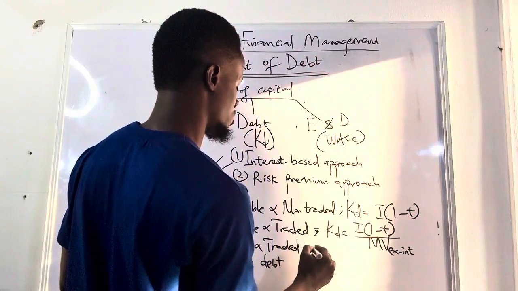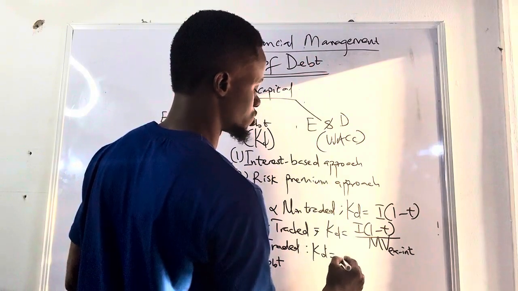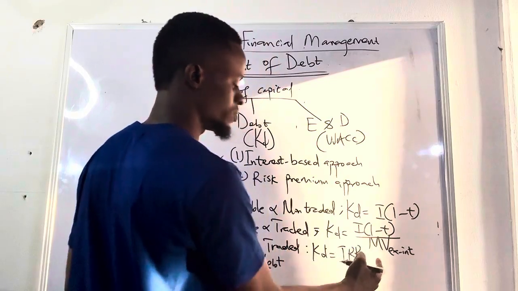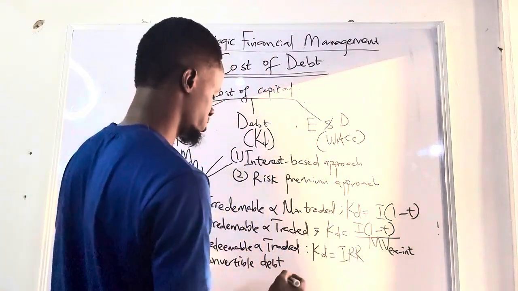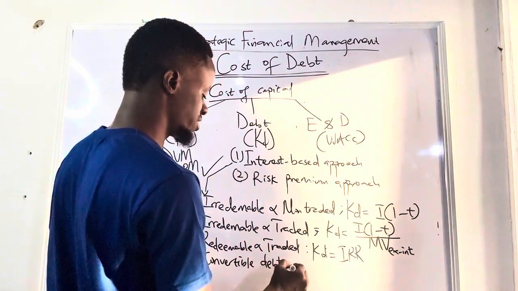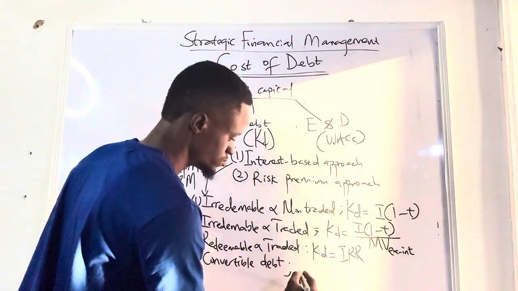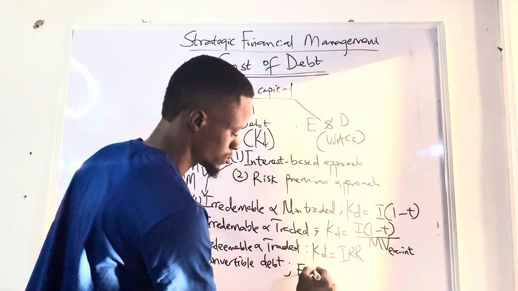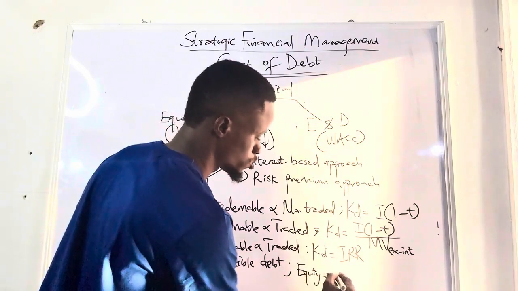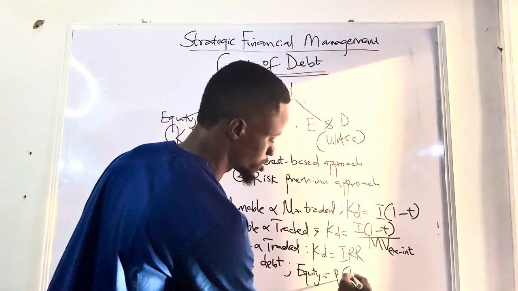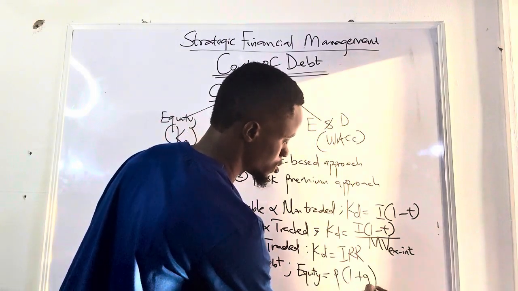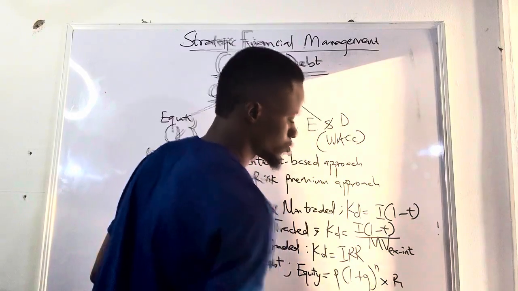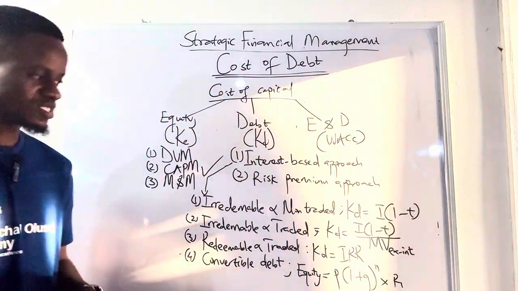And here, cost of debt is equal to IRR, and there's a particular formula for IRR. I'll write that for you later. And for convertible debt, we want to convert to equity now. It is equal to the price, bracket 1 plus g, raised to power n, times our number of shares. So these are the formulas.